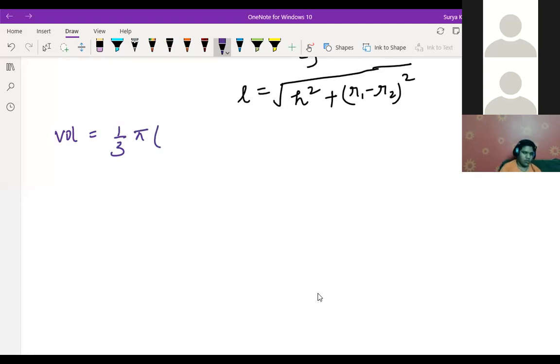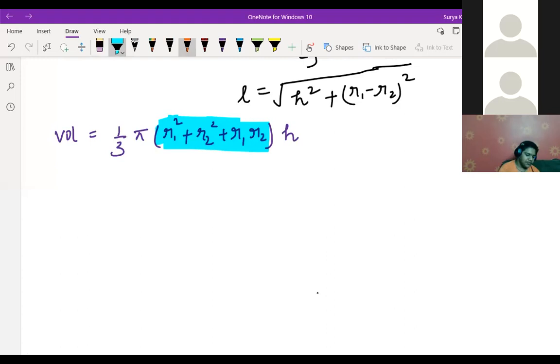Instead of r, you should write here R1 square plus R2 square plus R1 R2, into h. So this is the only change, children, because two radii are coming. That's why instead of r, we are writing this much bigger expression: R1 square plus R2 square plus R1 R2.